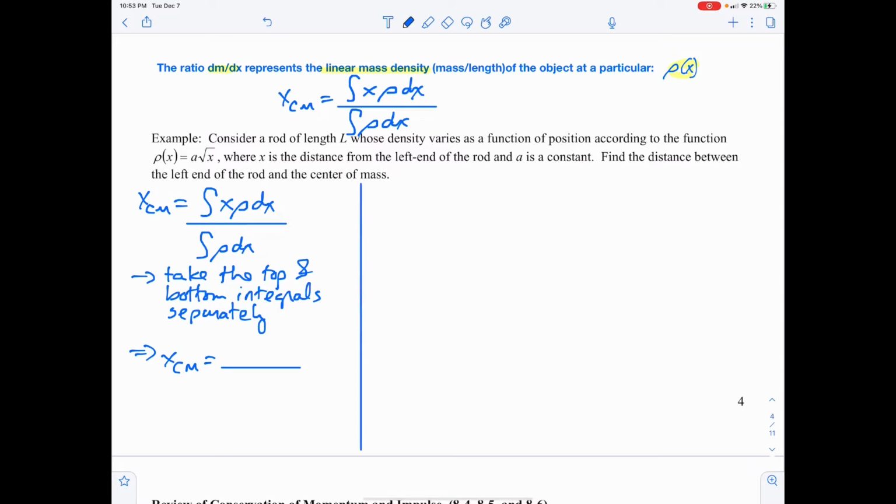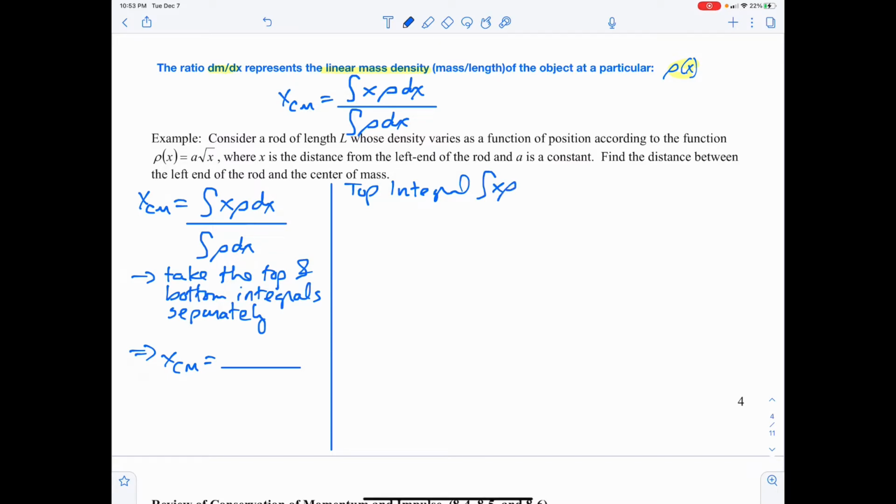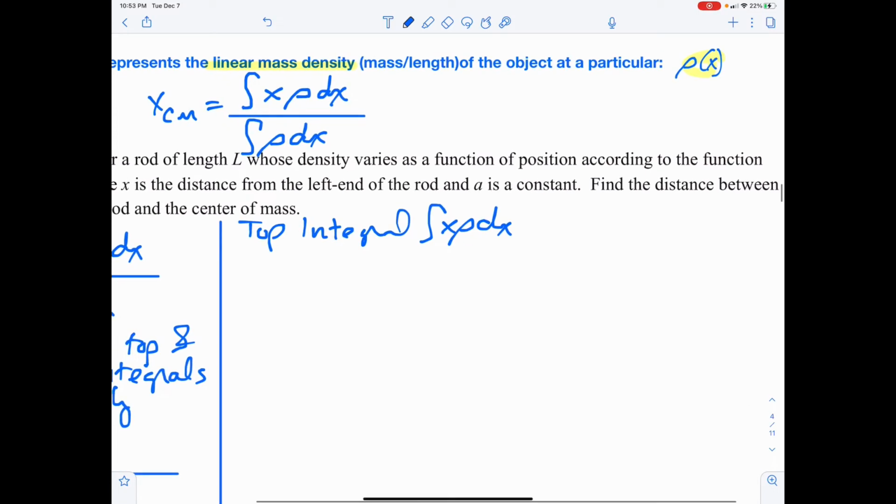Now, in the second part of this, I'm going to focus on the top integral. The top integral is the integral of x times the density with respect to x, so dx. Okay, so we're going to be integrating this from 0 to L. 0 means the left end of the rod, to length L, which is the distance from the left end of the rod.